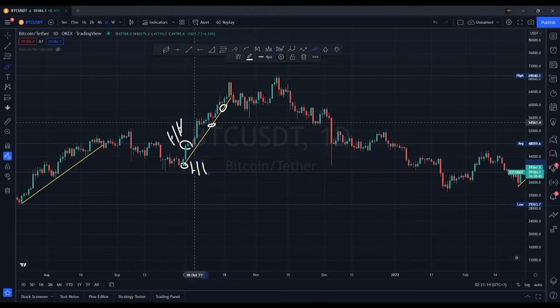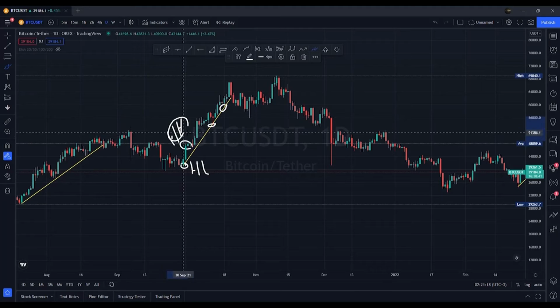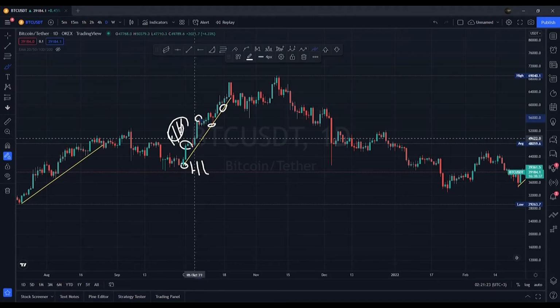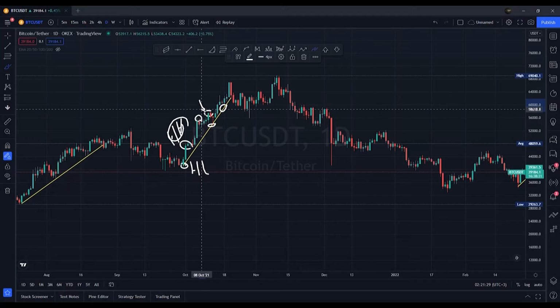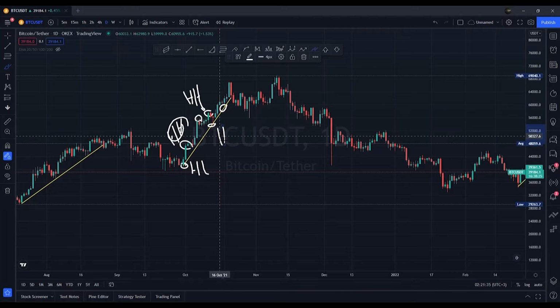The next higher high must be greater than the previous higher high, like this point, or this point. Actually, this point is our new higher high, and the new higher low must be greater than the previous one.